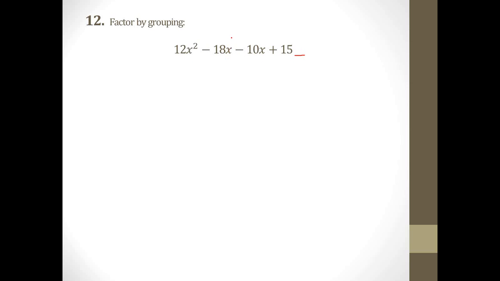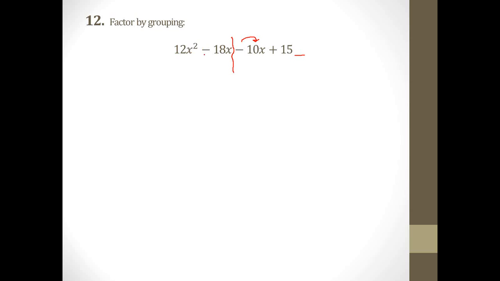So when I have 4 terms, what I do is I'm going to cut them in half, and I cut them right here in front of the sign. The sign still belongs to the 10. And then I'm just going to focus on my left side, and I'm going to pull out the GCF individually from each side.